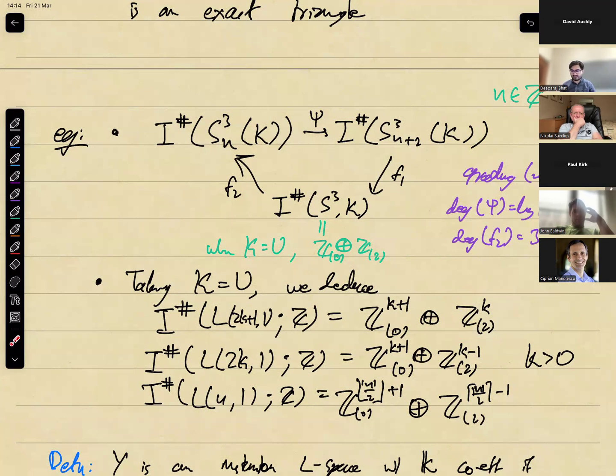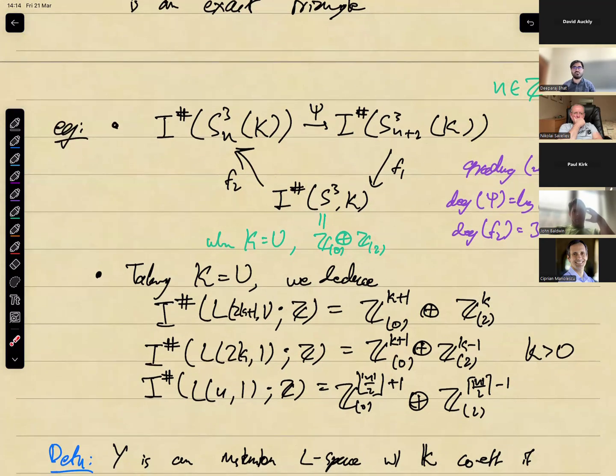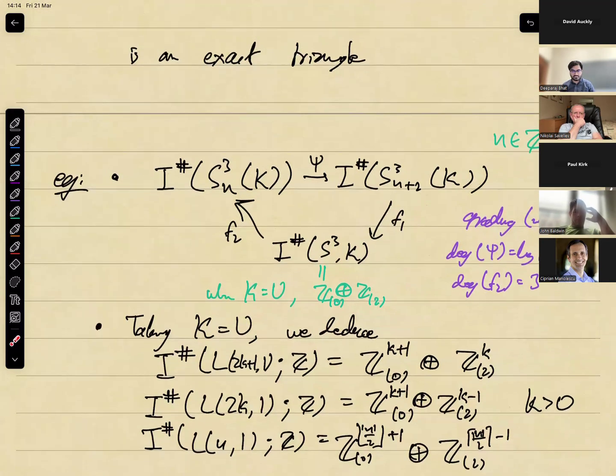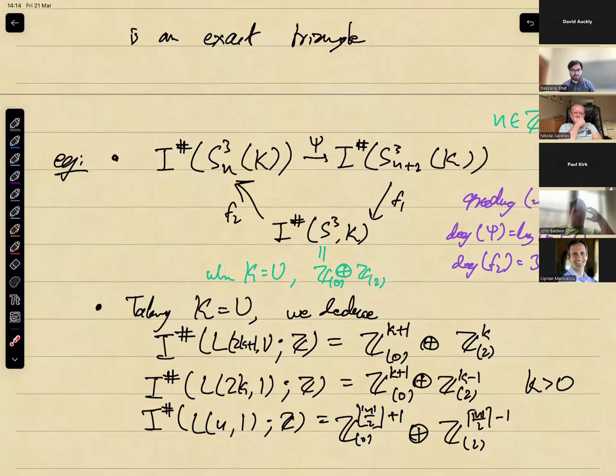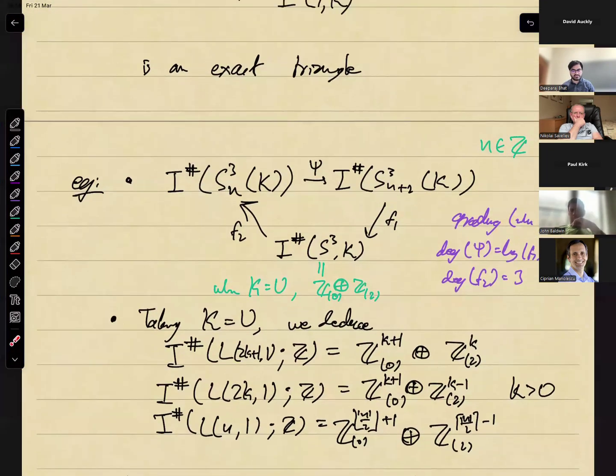So these results themselves are not new, but the computational efficiency is what I want to illustrate with this triangle. Any questions about either of these computations or about any other computations? Anything?